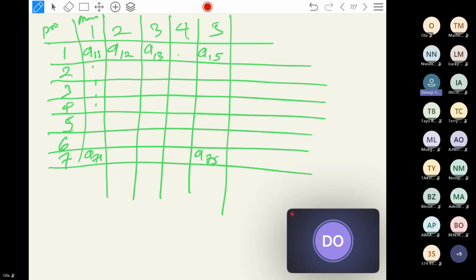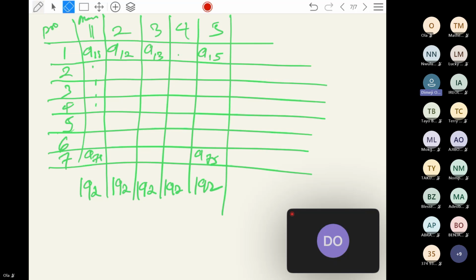Now they are saying that this is for machine and this is for products. They're saying that anytime you use this machine, the limit is 192. You cannot go beyond that. So who can tell us how we can represent this mathematically?